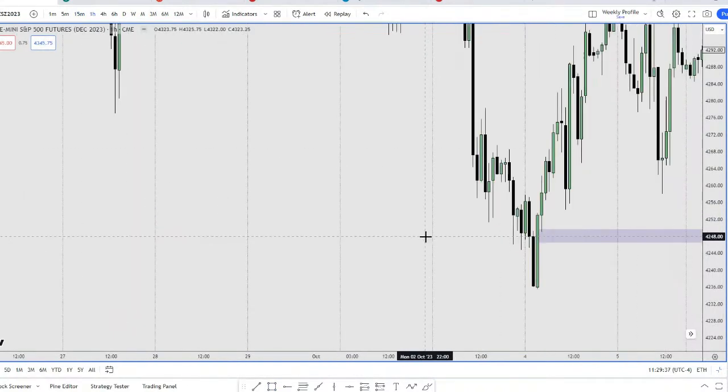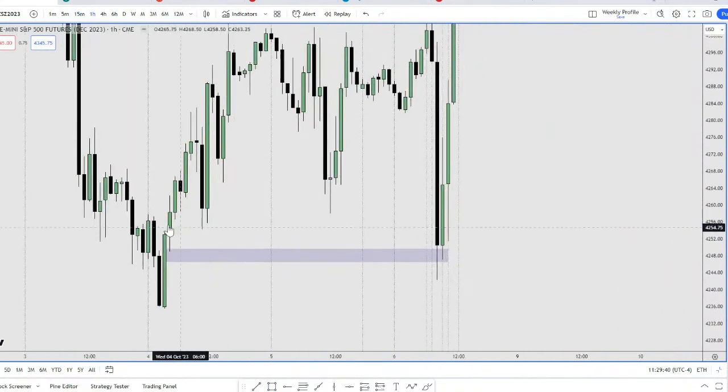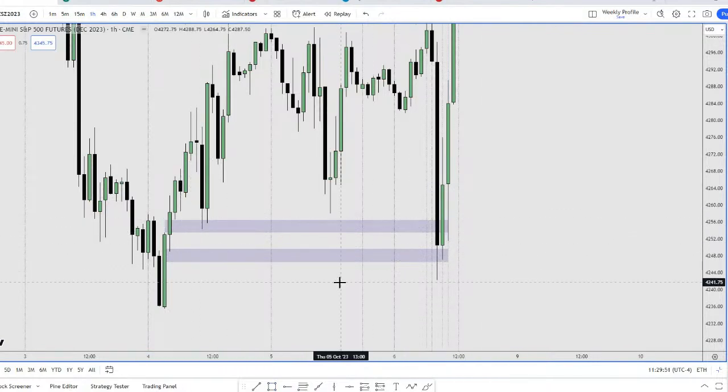Let me just check. Yep, the 1 hour. So both of these levels are basically inversions, or you can use them as BPRs.